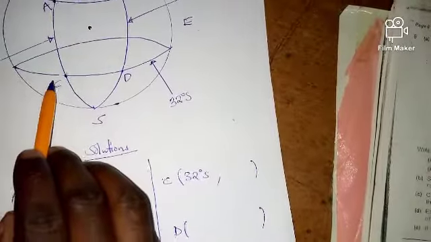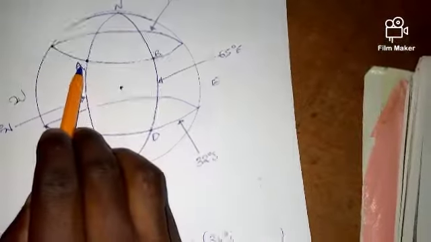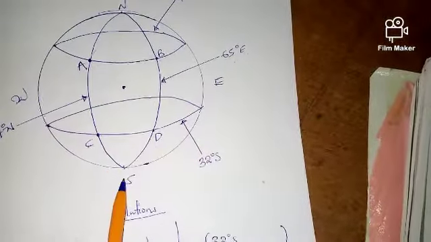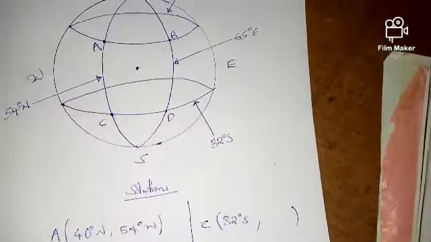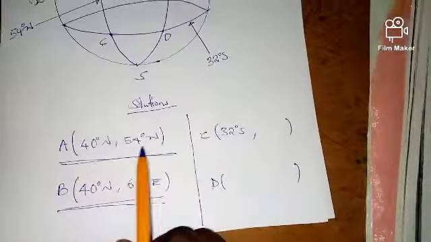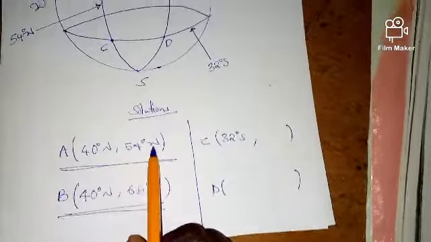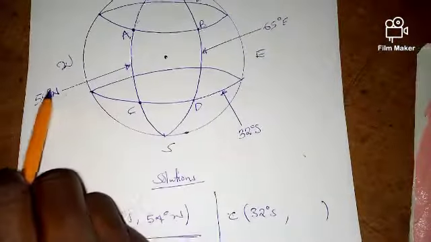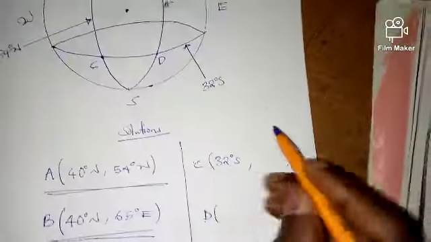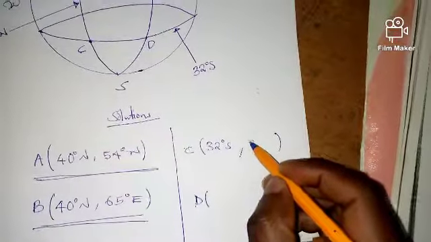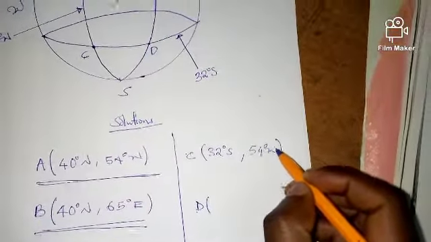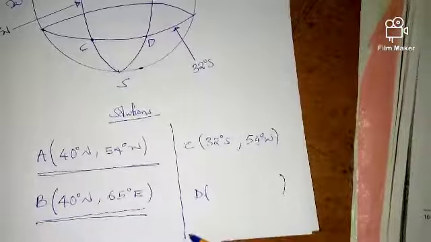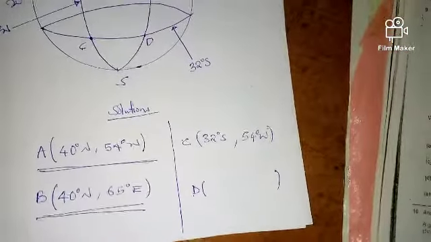You can see that point C and point A are lying on the same longitude. They are sharing the same longitude. Now, if you go to A, you'll see that the longitude is 54 degrees west. So meaning that even here, we're going to have 54 degrees west. And that's how you allocate town C.